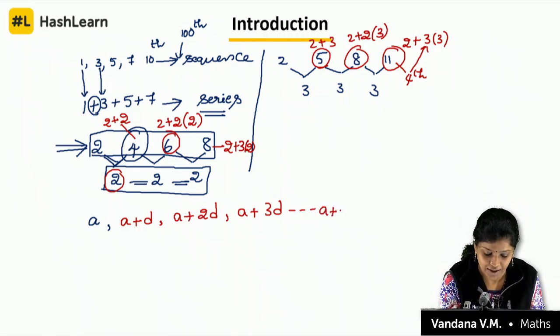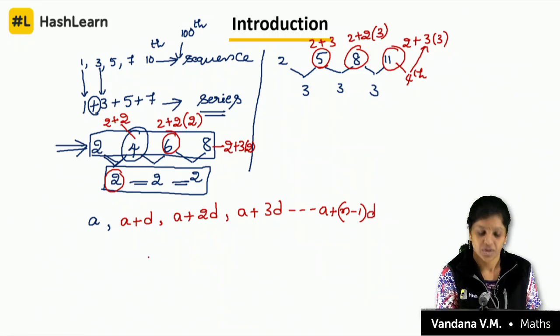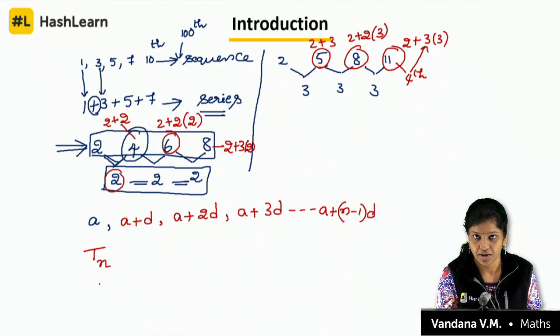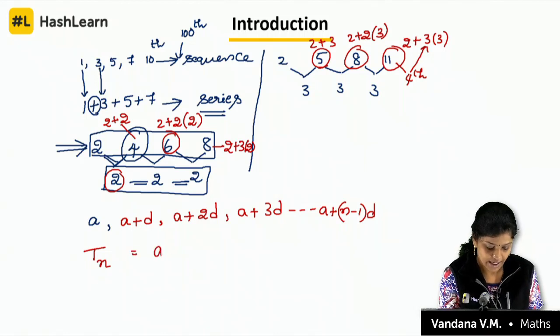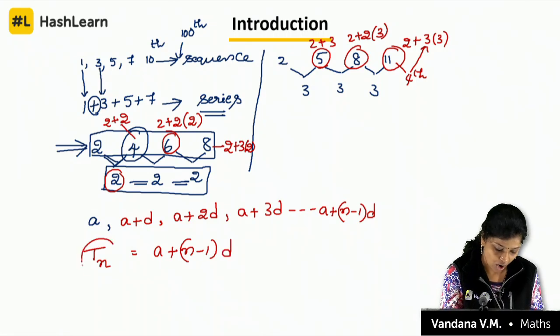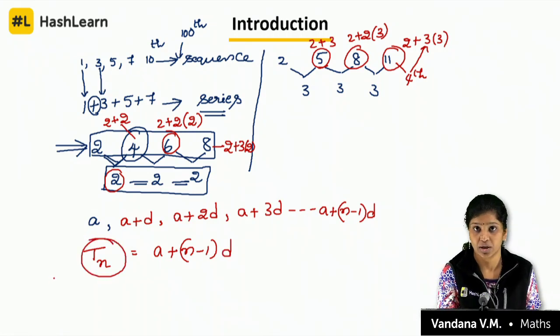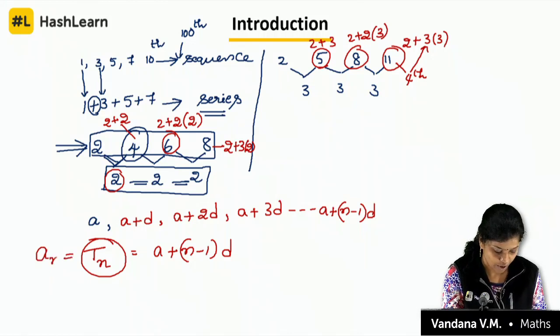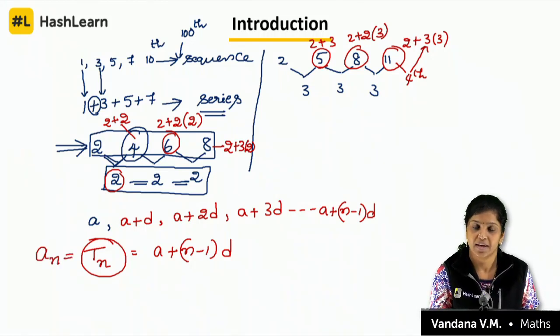So a plus n minus 1 into d. So Tn, the general term, is a plus n minus 1 into d. Or you can write the general term, the nth term in the progression, as an also. So an is a plus n minus 1 into d.